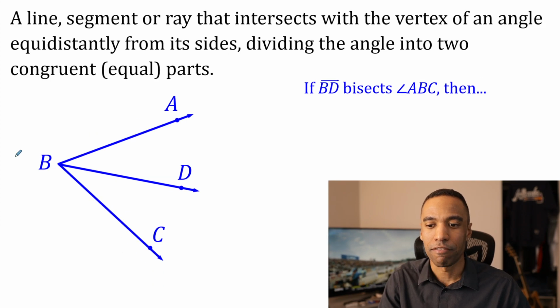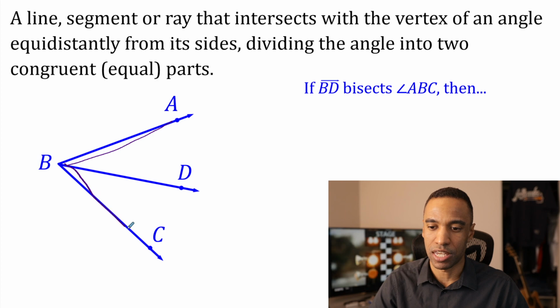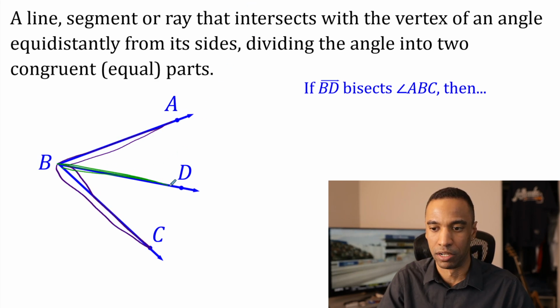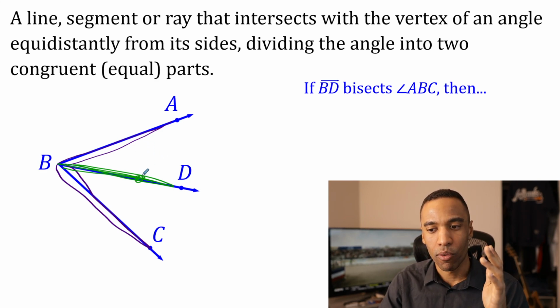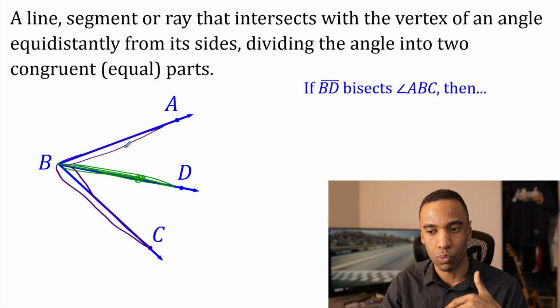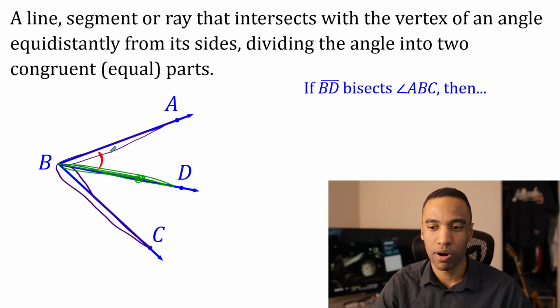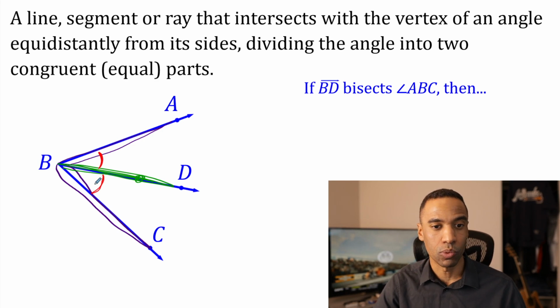What does that mean? If you have this original angle, say right here, this angle ABC, and there's something that goes in the middle, like, I'm just going to cut right through. It's a bisector if every point on this is exactly the same distance away from both of these, which means it's dividing it into two congruent parts. This part right here and this part right here are both equal in measure to each other.